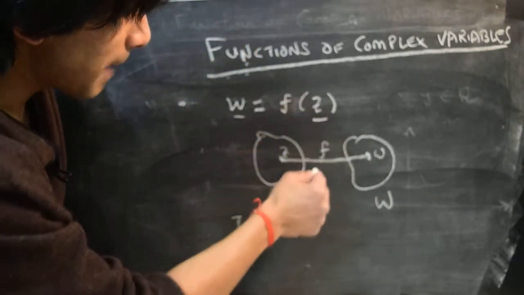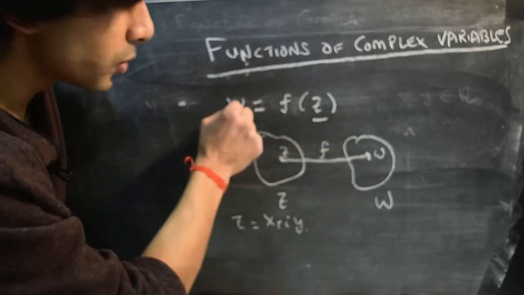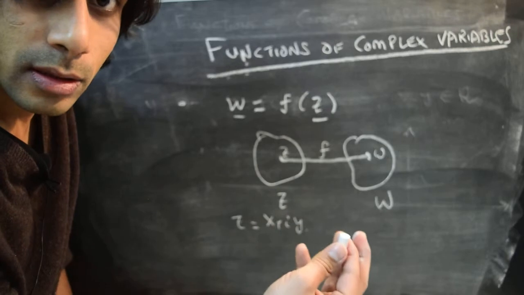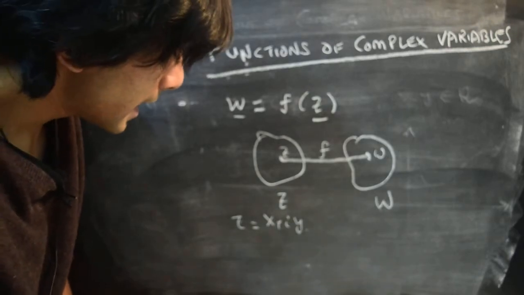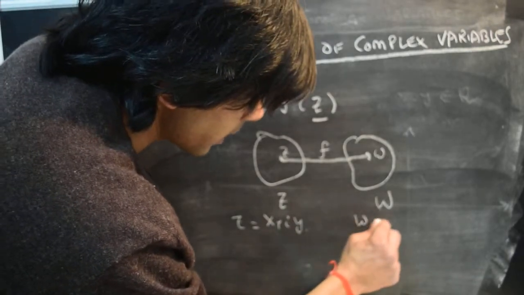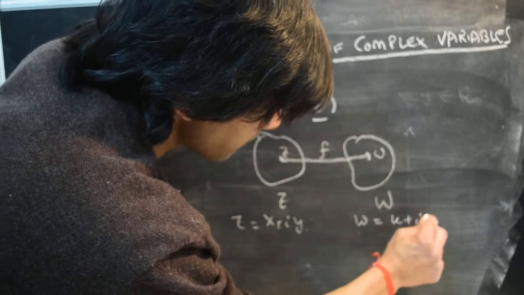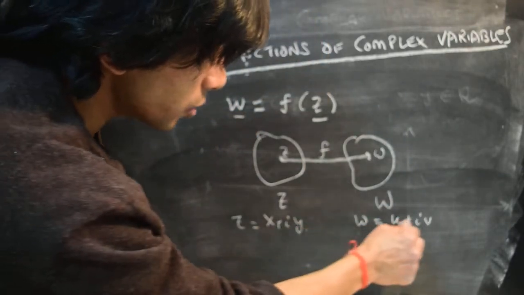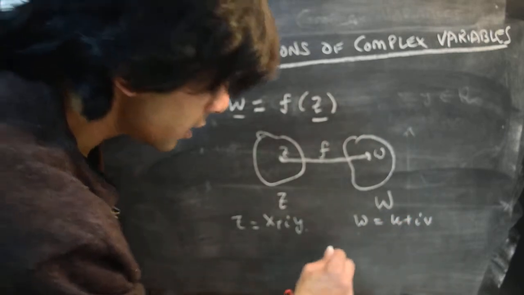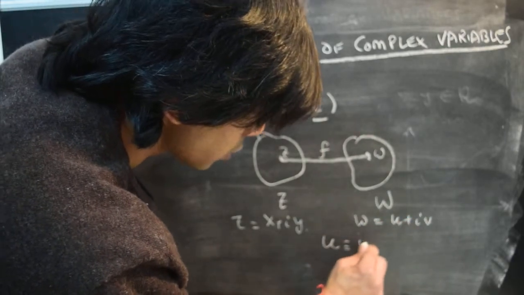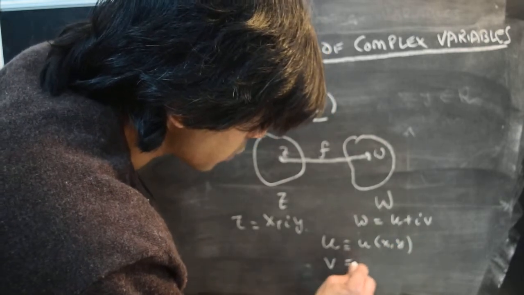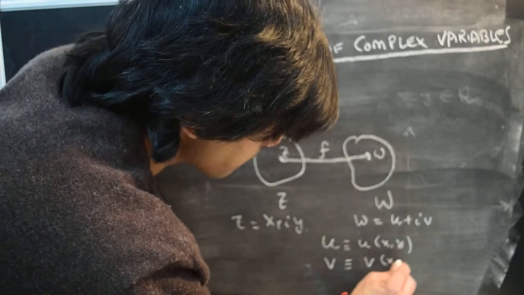Now, since the mapping is taking us from one complex variable to another, w is also a complex variable, and typically w is denoted by u plus iv. So now we have four variables x, y, u, and v, and in this case, u is actually a function of x and y, and likewise v is a function of x and y.